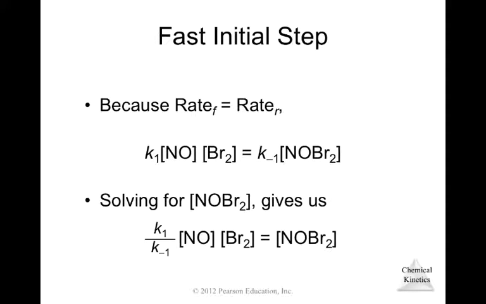So because of that, we can rewrite our rate expression like this. K sub 1 [NO]² equals the reverse rate, K sub -1 [NOBr2]. So if we solve for concentration of NOBr2, this is what we get. Right?